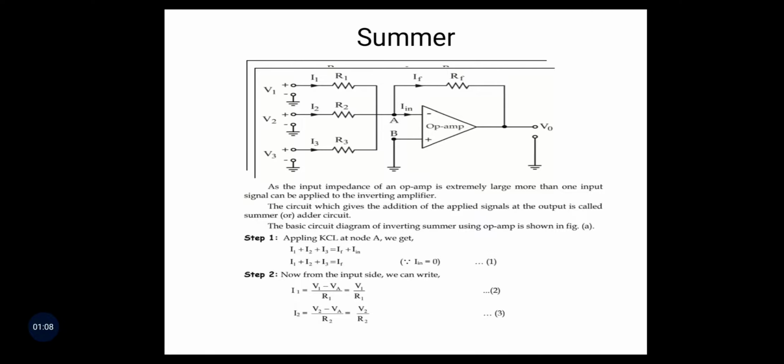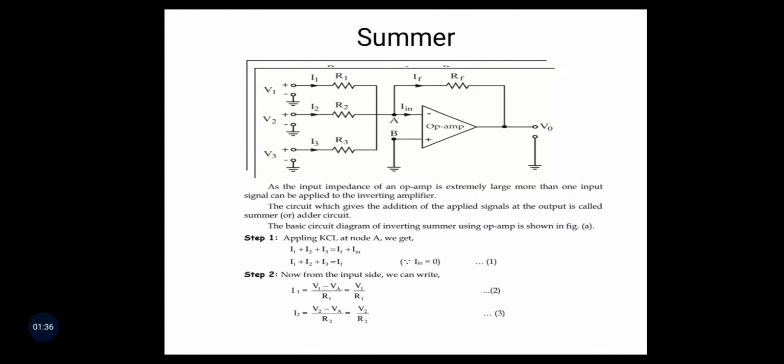In the diagram, the summer circuit is shown. In the summer circuit, the input voltages are V1, V2, V3, the input currents are I1, I2, I3, and the input resistances are R1, R2, R3.